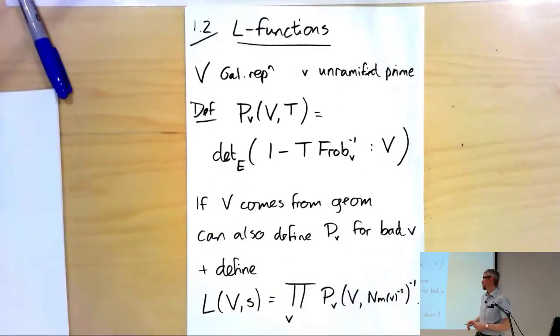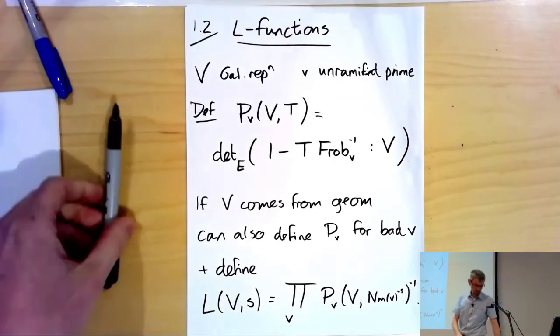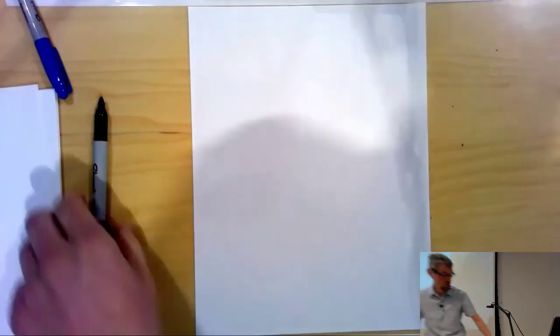And we could define this formal product, the product of these polynomials evaluated at the norm of v to the minus s, inverse. So this is cooked up so that the Riemann zeta function is going to be a special case of it. And more generally, for any number field, you get the Dedekind zeta function.